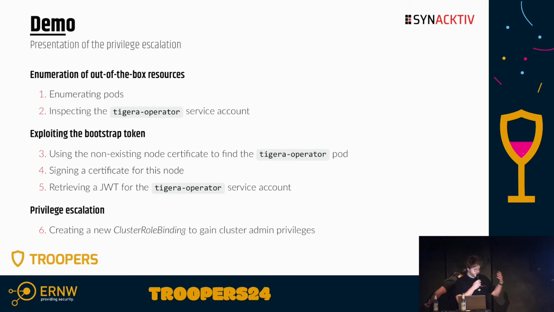So for our privilege escalation, we will start by enumerating all the different resources that are present by default in this cluster. In particular, we will be focusing on the Tigera operator pod and service account. Then we'll be exploiting the previous exploit to retrieve a certificate for the node where the Tigera operator pod is running, and we will retrieve a JWT for this service account. We'll see that with that, we'll be able to become cluster admin.